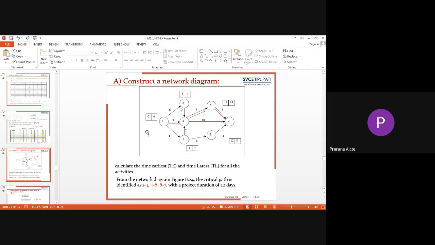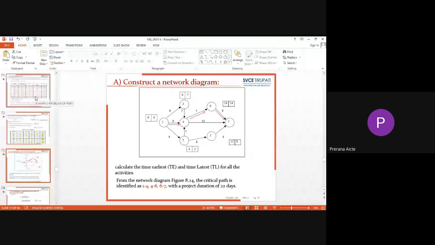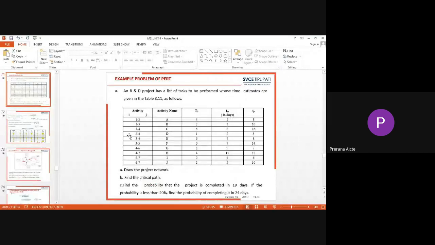And then we have the other activities, namely 2 4 and 3 4, which have to be represented after drawing 1 to 2, 1 to 3, and 1 to 4.